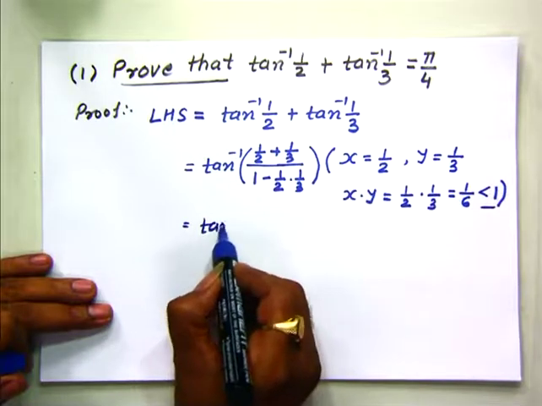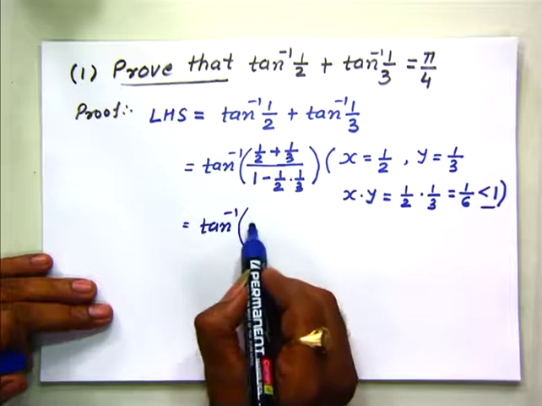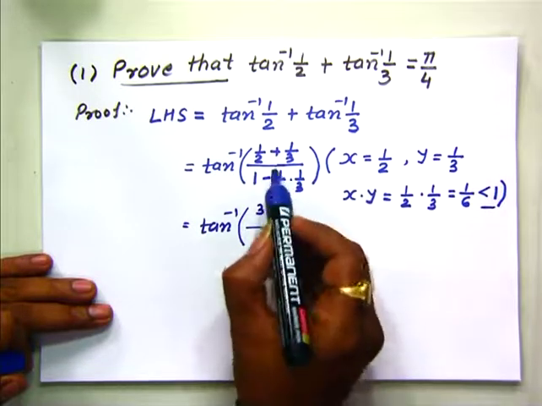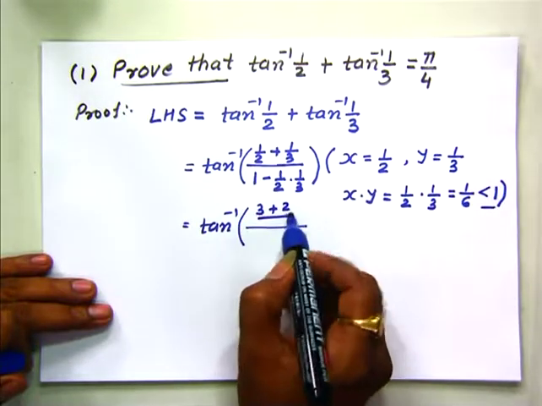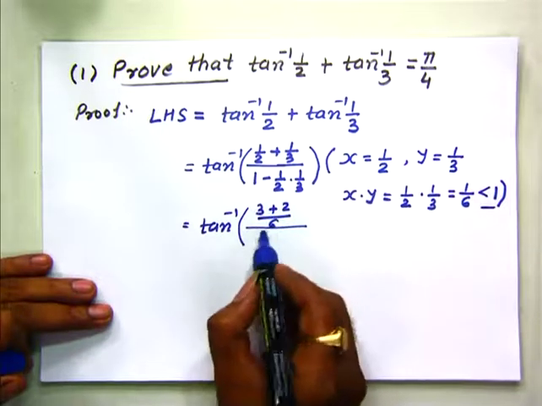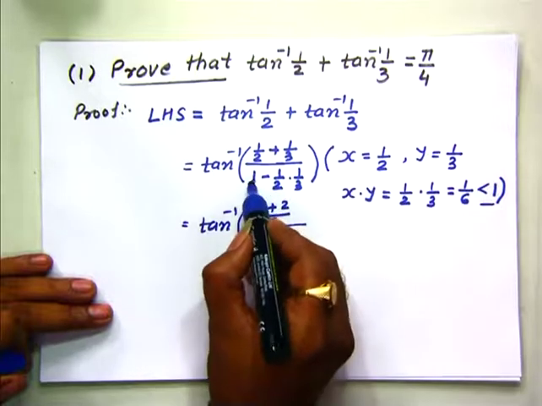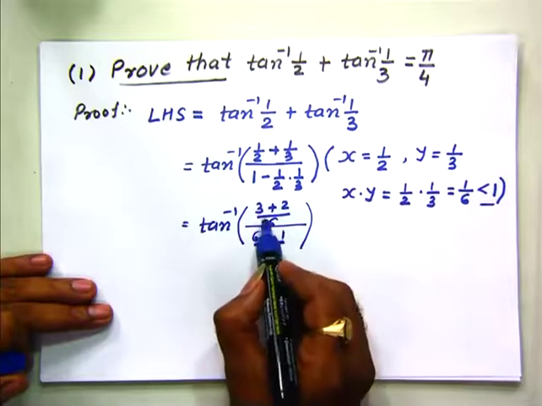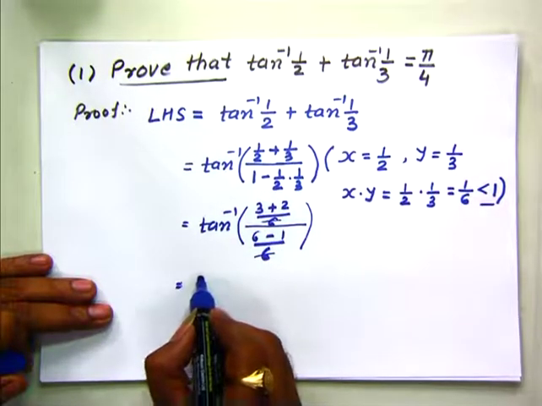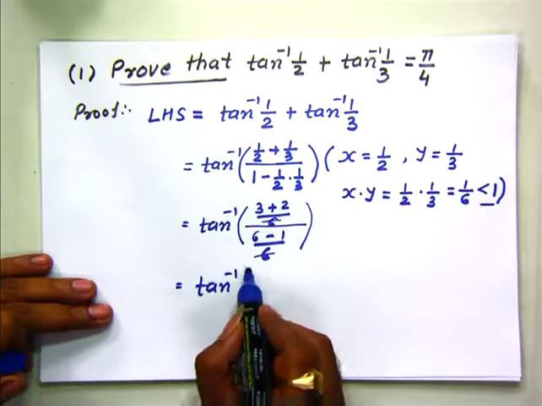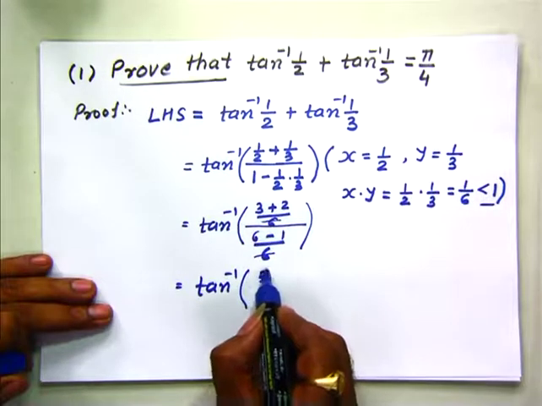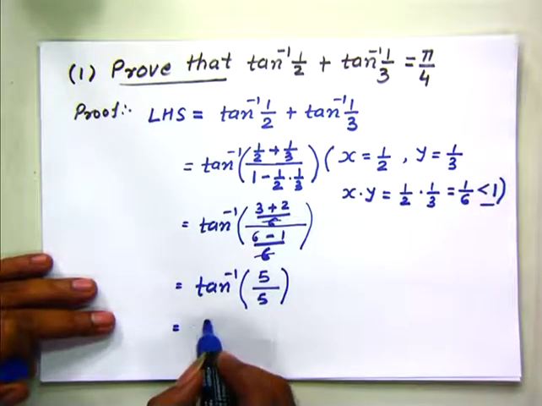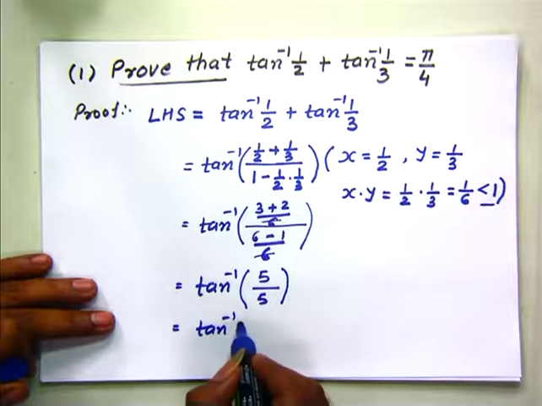So we have tan inverse 3 into 1 is 3 plus 2 into 1 is 2 upon 6, and this 2 into 3 is 6. 6 will be multiplied here, so 6 minus 1 upon 6. 6 will be cancelled out, so we have tan inverse 3 plus 2 is 5 upon 6 minus 1 is also 5. This is nothing but tan inverse 1.